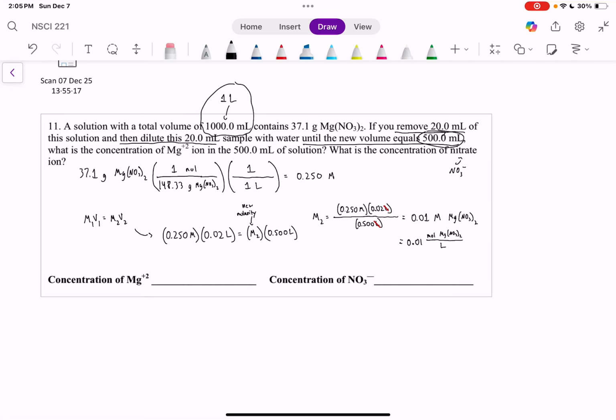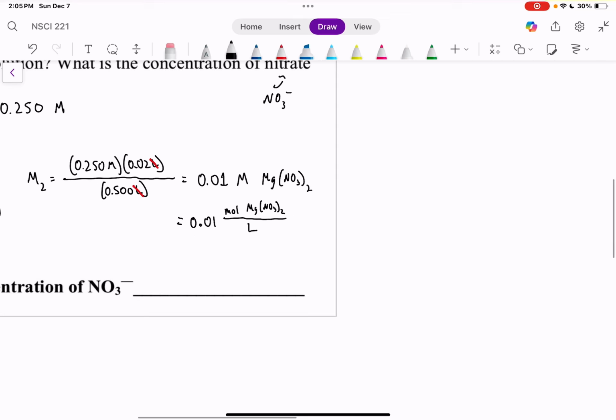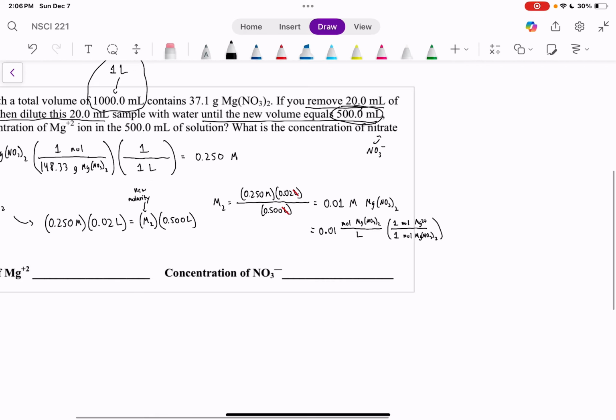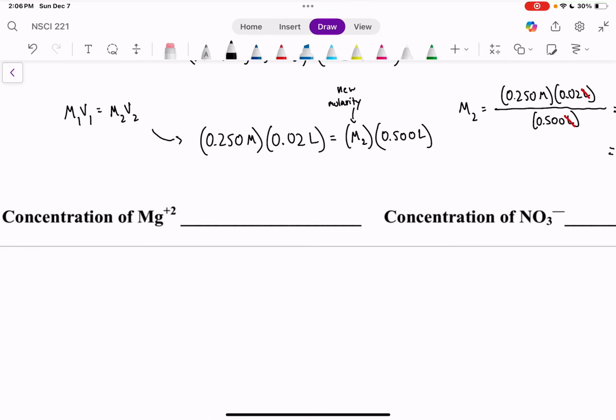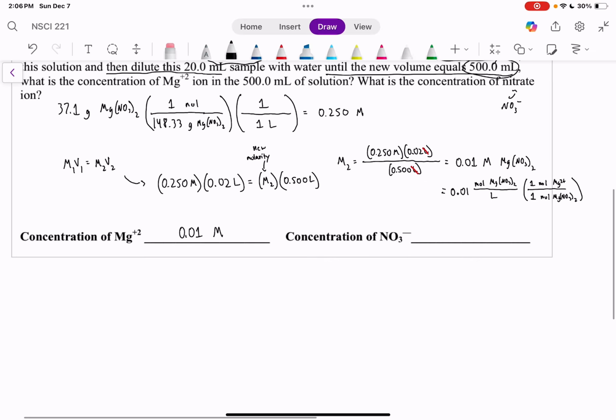Now, if I look at these moles, for every 1 mole of Mg(NO3)2, I have 1 mole of Mg2+, because in the formula there's only 1 magnesium, which means that my concentration of Mg2+ is also going to be 0.01 molar.